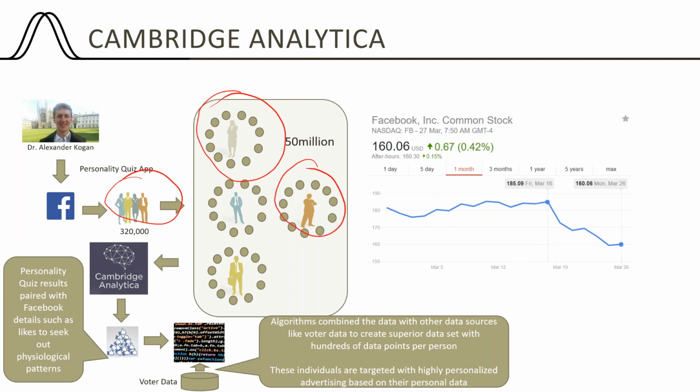Every person has a few friends, so it has collected data even from them. So all this data this guy has collected, and he shared it with Cambridge Analytica. So Cambridge Analytica has the data of almost 50 million users, and the survey results from 320,000 users.